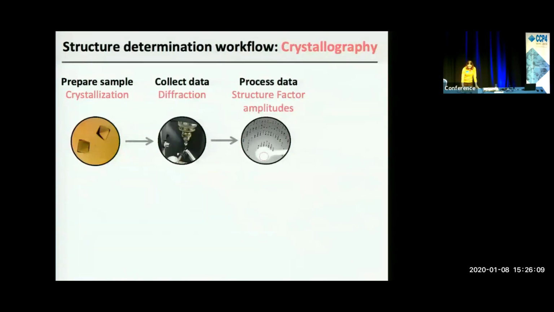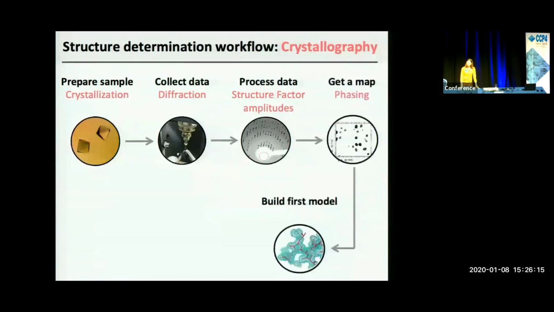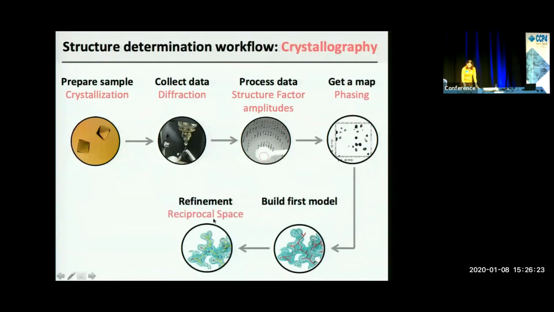So we all know that this is not enough to calculate an electron density map, so we have to get phases. Then once we have a map, we can build an initial model, and we can perform refinement. So for crystallography, refinement is most often done in reciprocal space. And so then we iteratively perform refinement and validation in order to get the best possible model.